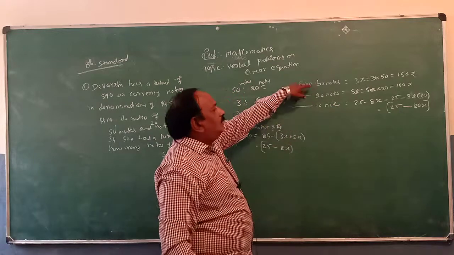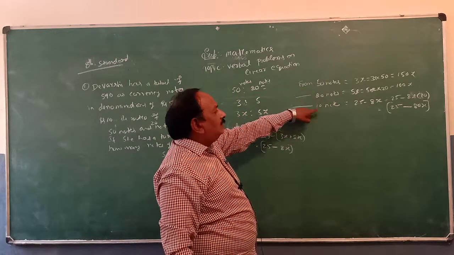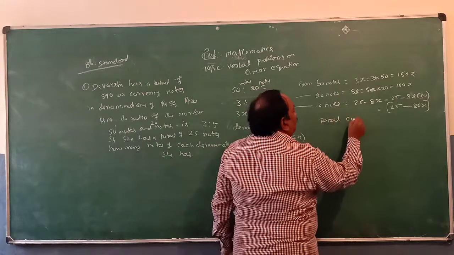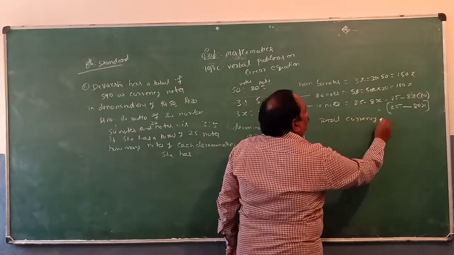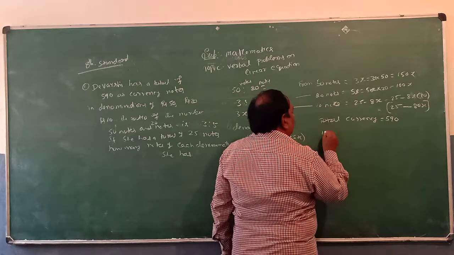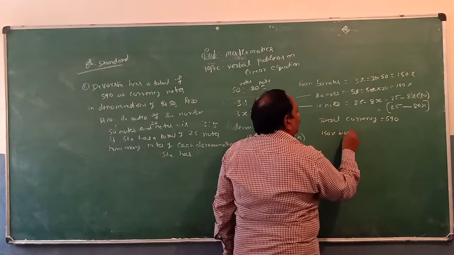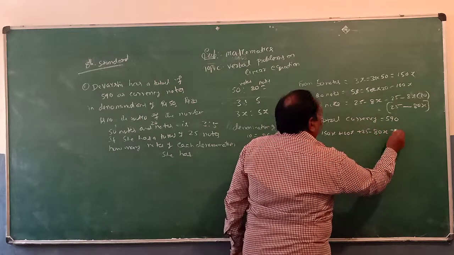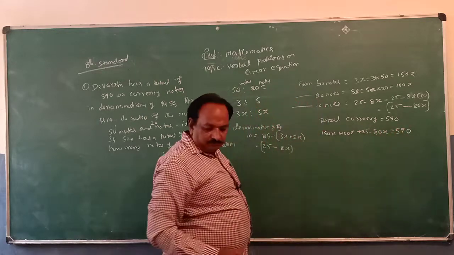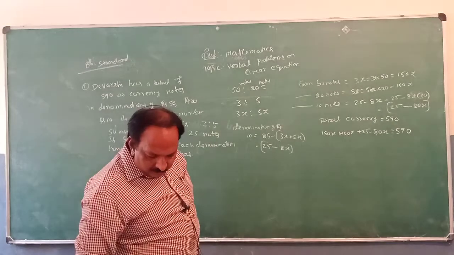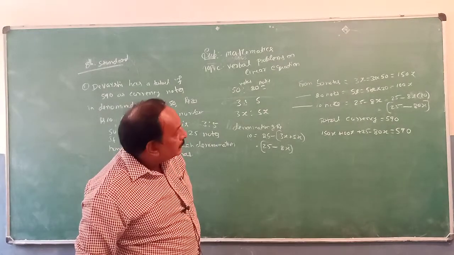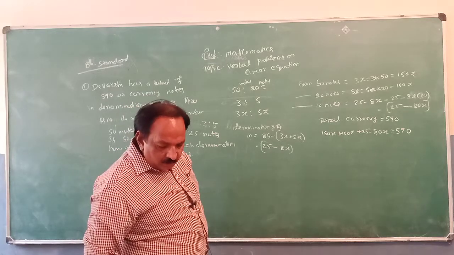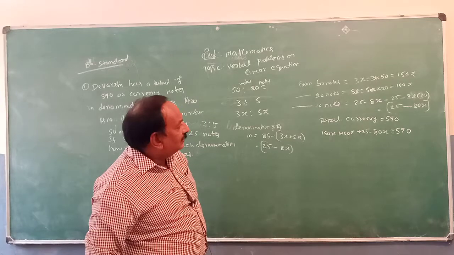This is from 50 notes, this is from 20 notes, this is from 10 notes. Total currency: 150x plus 100x plus 250 minus 80x.